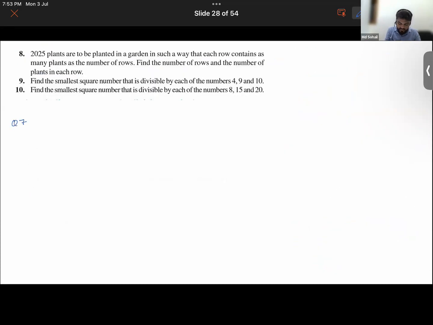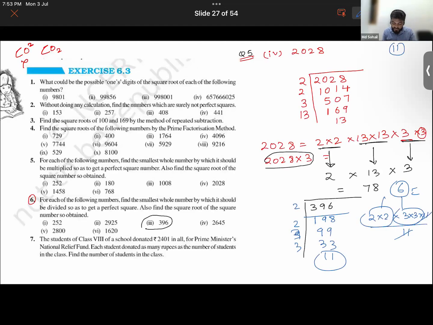Question number 7. Right, guys? So the number of students is the same as how much? The question says, if you read it, each student donated as many rupees as the number of students in the class. Find the number of students in the class.